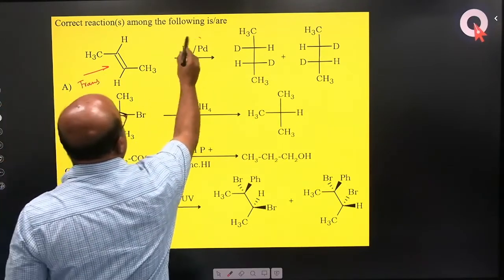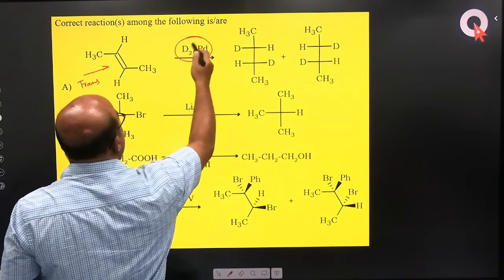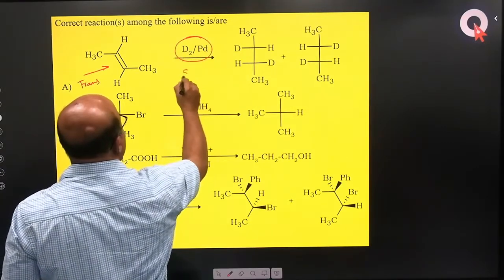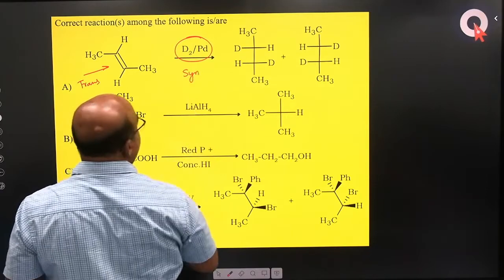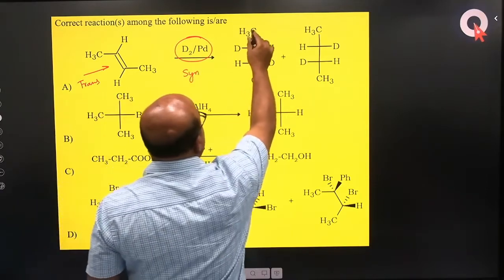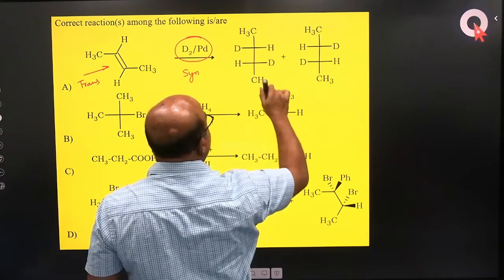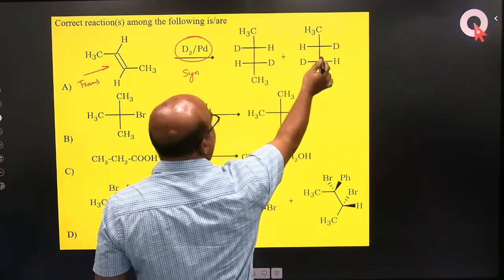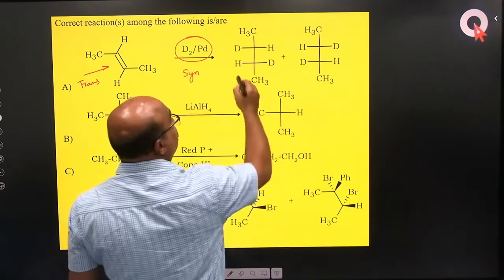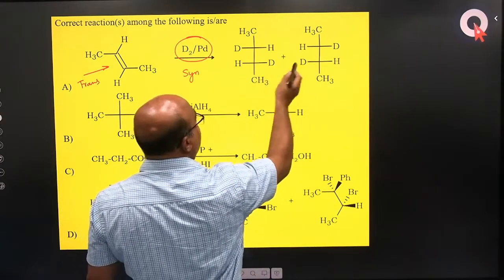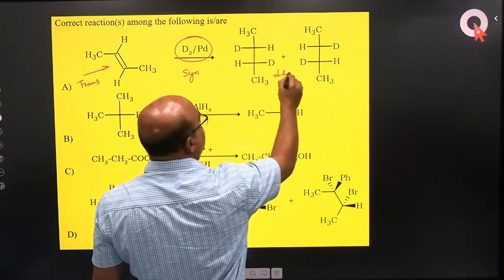We are adding hydrogen or deuterium under a catalyst surface, that is syn addition. So you are getting this compound with CH3 and deuterium, and there is no plane of symmetry. So this compound is optically active. Suppose this is D, this is L. So you are getting a mixture of D and L, a racemic mixture.